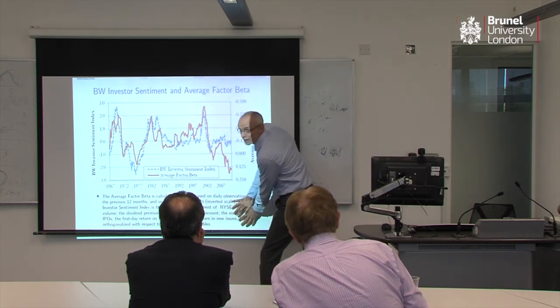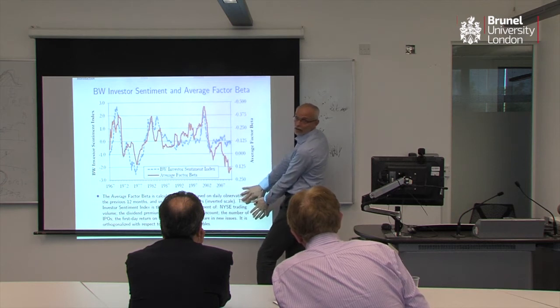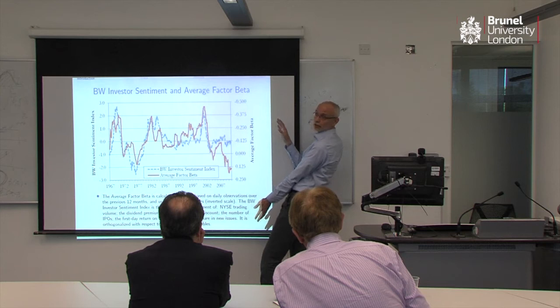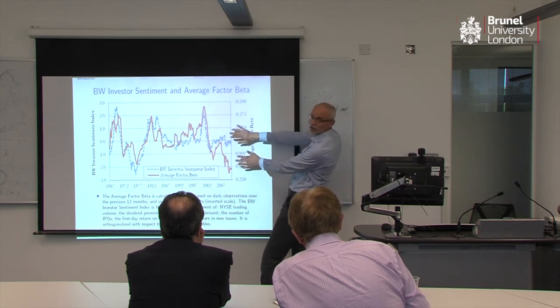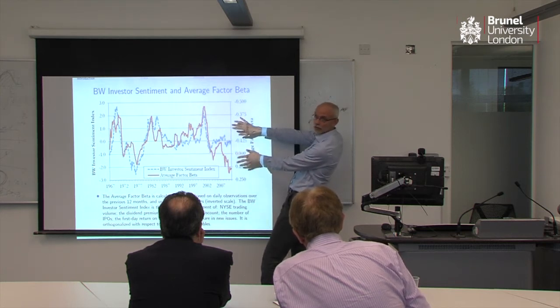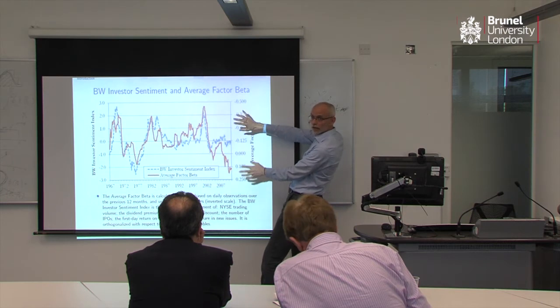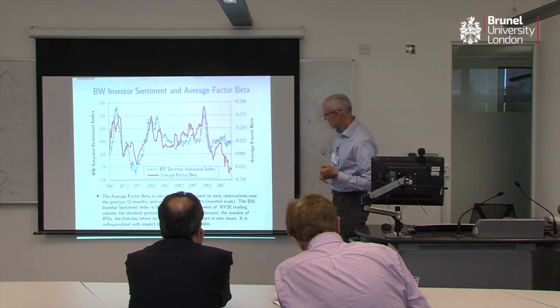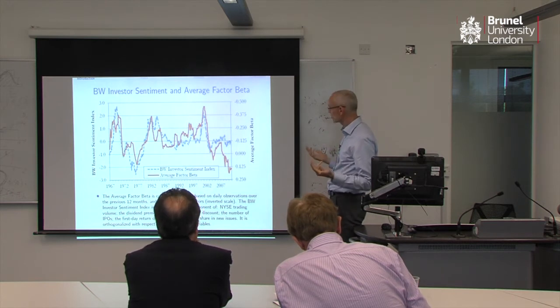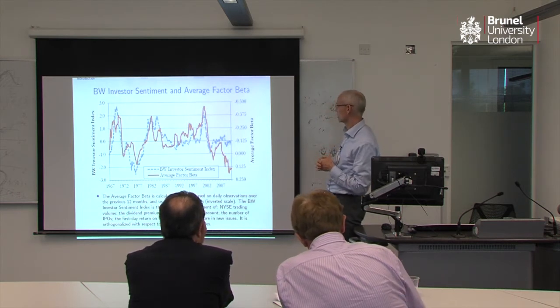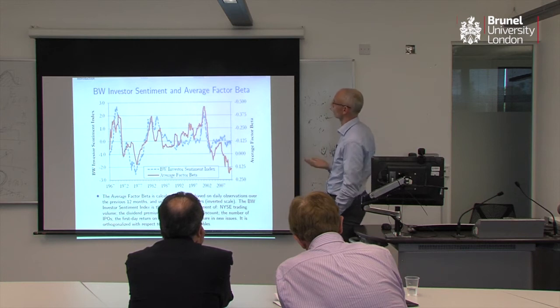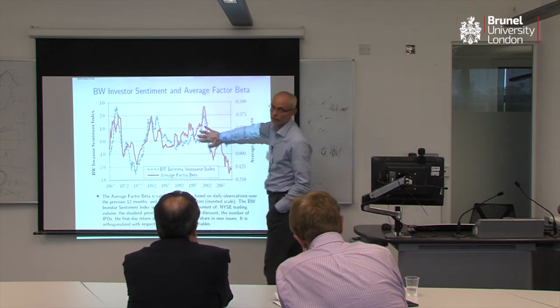The important thing is that all of these are variables that have nothing to do with the covariation of returns. Our measure is based totally on the beta, or the covariation, of the factor stocks, and the measure is constructed completely differently, yet we still get something that looks highly correlated with investor sentiment.